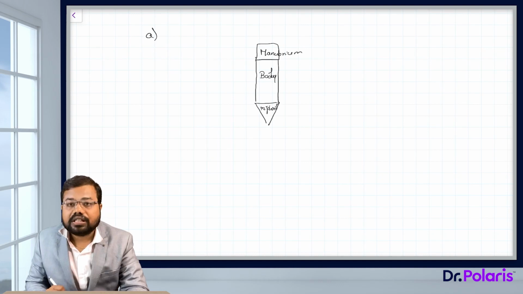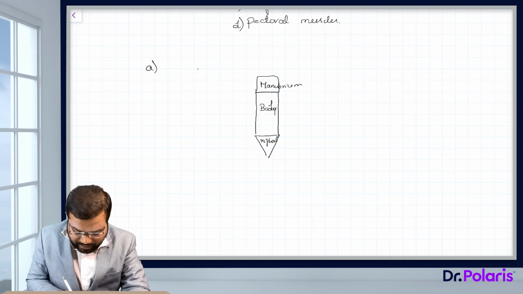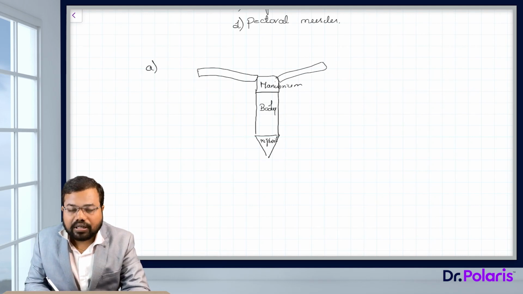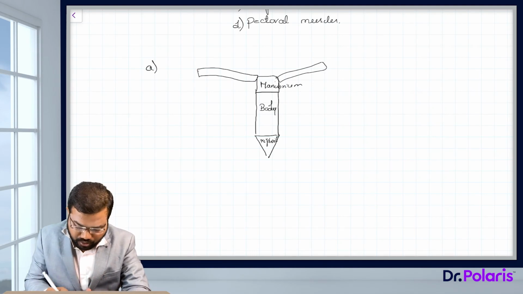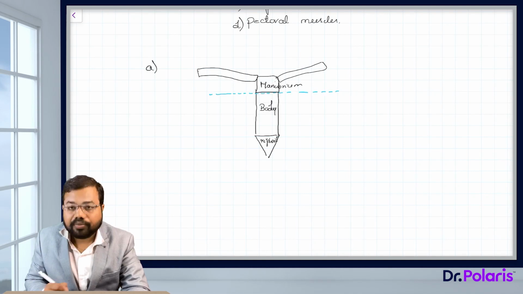So these are the three parts of the sternum, and the clavicle articulates with the manubrium sterni here. And we already discussed in the thoracic part that there is an angle called the sternal angle at the level of the manubriosternal joint. So this is the sternal angle at the level of the manubriosternal joint.